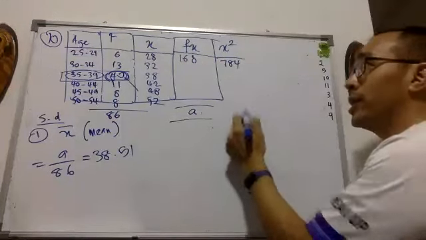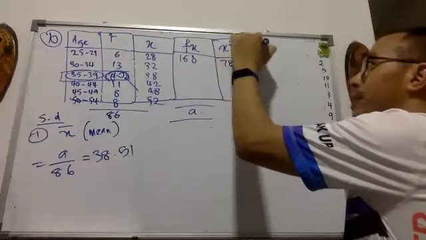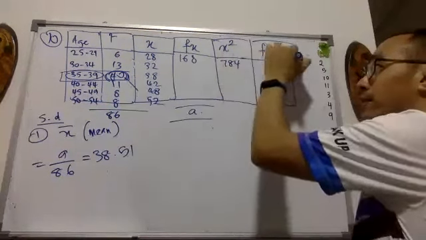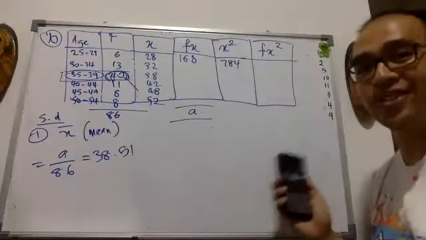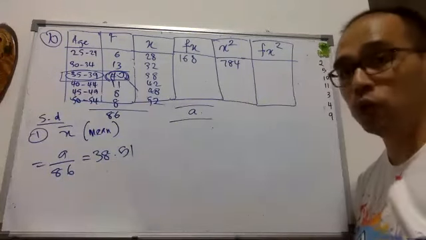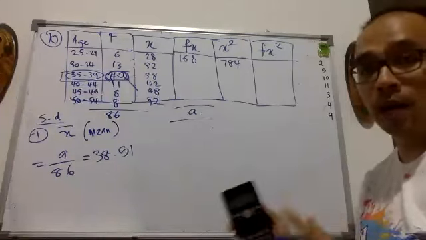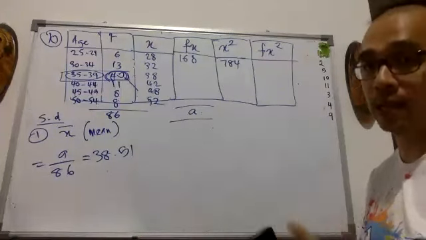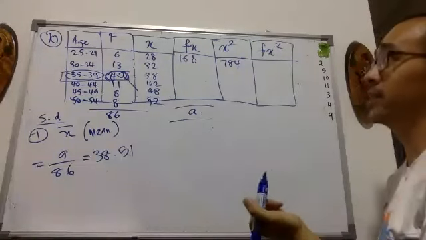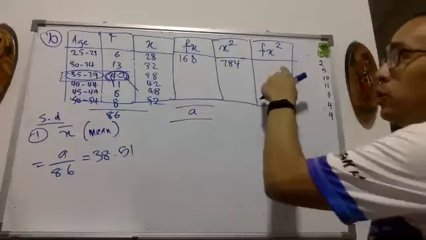But this one you need the total. The one that you need to total is fx squared. Guys, we spent a very long time trying to do this jadual again and again. So it's a good idea for you to revise how to find the standard deviation using the table. The table is, for me, the safest way. I'm going to show you just the first line.